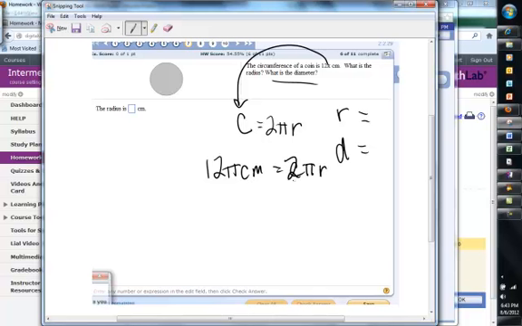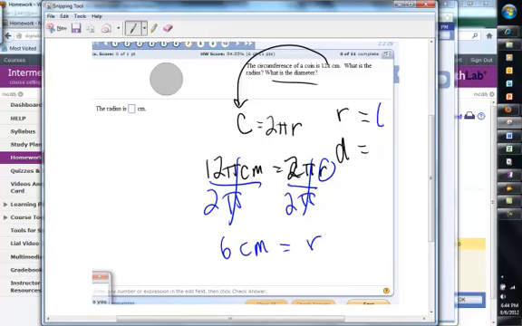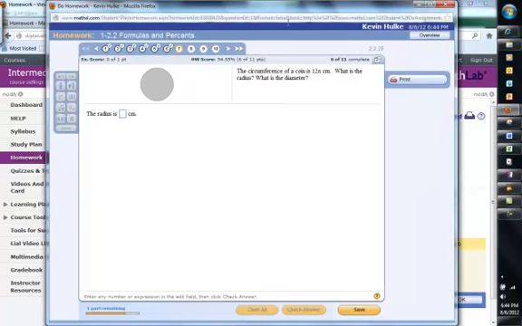Notice there's a pi on both sides, so let's first of all divide both sides by pi. And then, since we want to find out what the radius is, we can divide both sides by 2, and we get 6 centimeters is the radius. Now, the diameter: it's 6 centimeters halfway across. How far is it all the way across? It will be 12 centimeters. So we'll say 6 is the radius and 12 is the diameter.